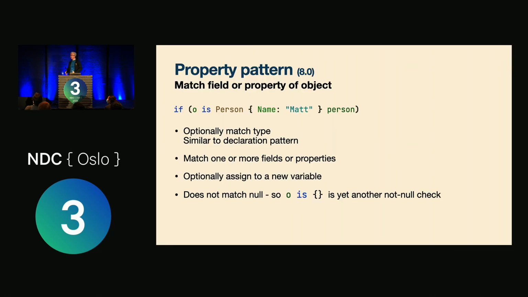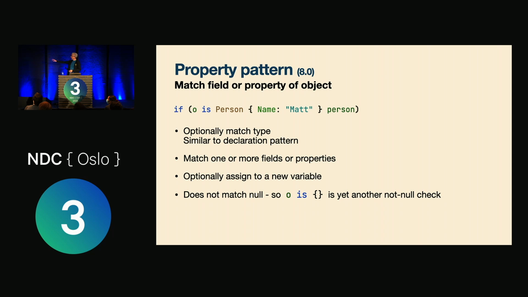So we probably want to have a look at something a little more interesting and start to use some more complex patterns. The first one we're going to look at, though, is a property pattern. This was introduced in C# 8. This is where things started to get a bit more interesting. And this can match a field or property of an object. And we can optionally match the type as well.